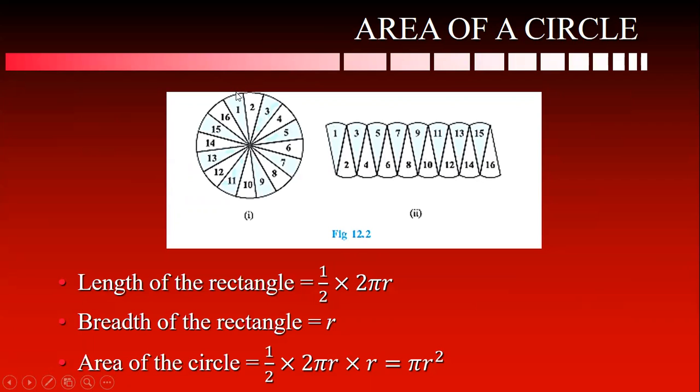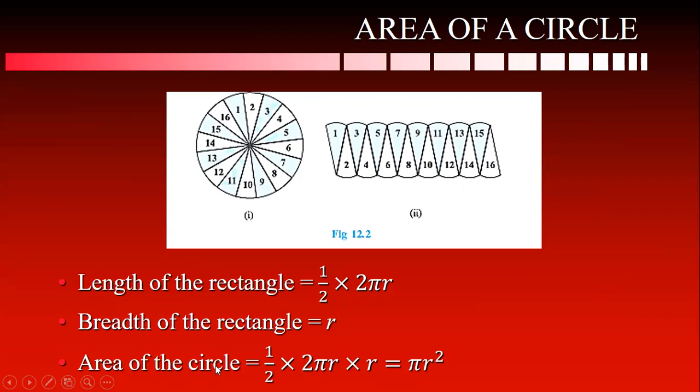Okay, so the circumference is actually divided by 2 because this is the length, this is the length. Both together will give the circumference for you. So the length of the rectangle will be half of the circumference, which is half of 2 pi r. And the breadth, that is the radius of the circle, so r.